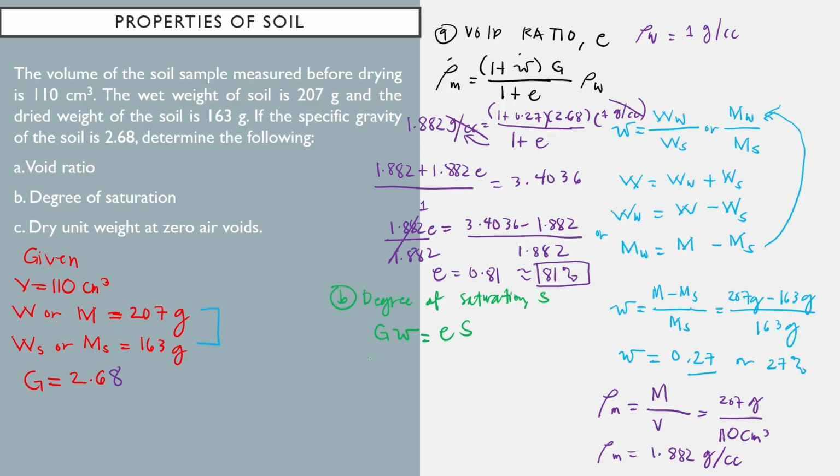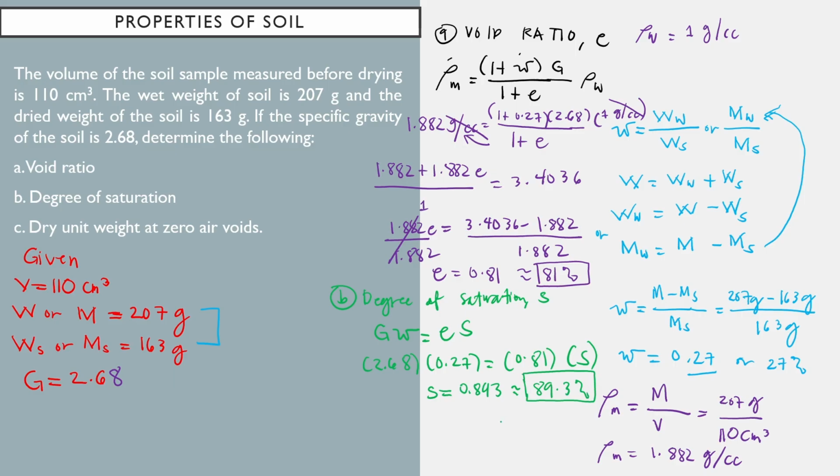So direct substitute na lang natin: 2.68 times 0.27 is equal to yung void ratio na 0.81 times yung S or the degree of saturation. Compute natin yung degree of saturation, that is 0.893 or 89.3%. So yan yung degree of saturation natin.